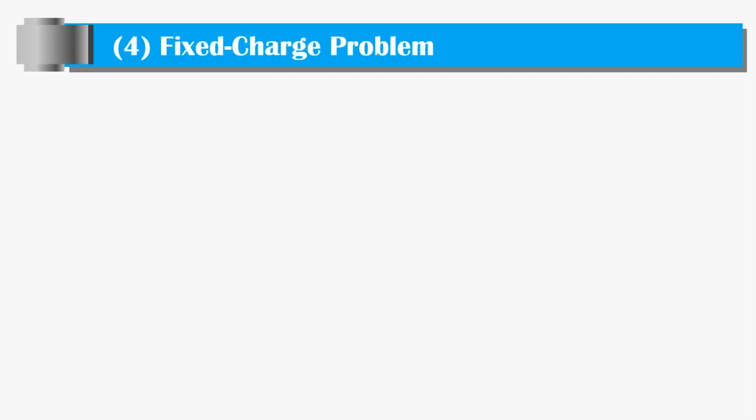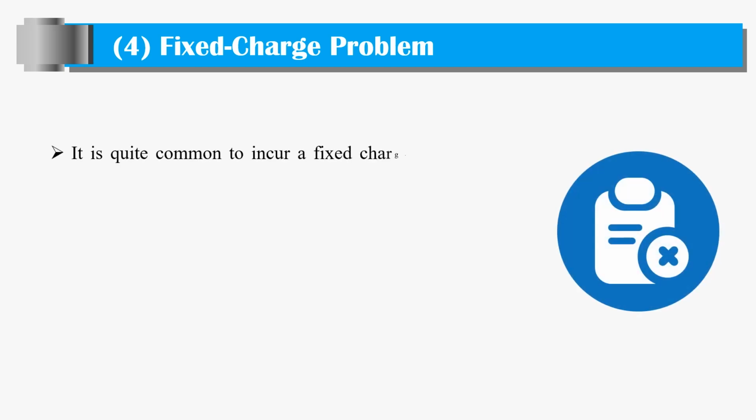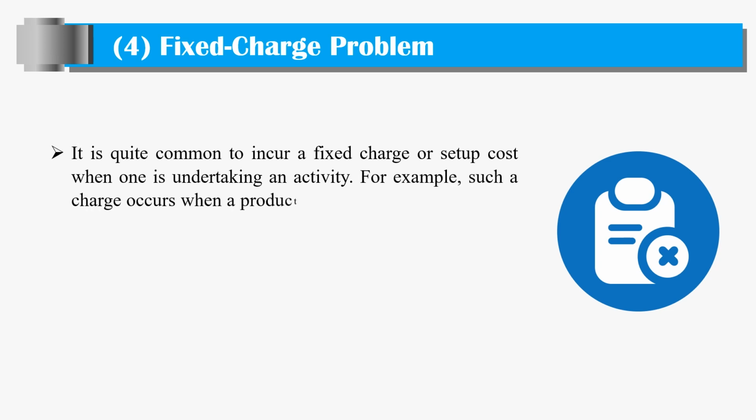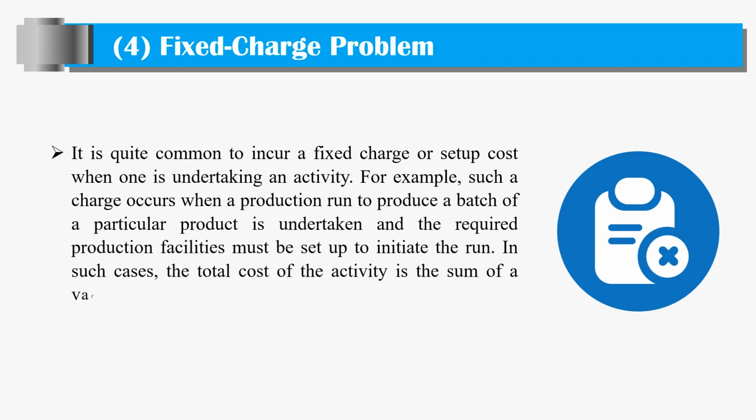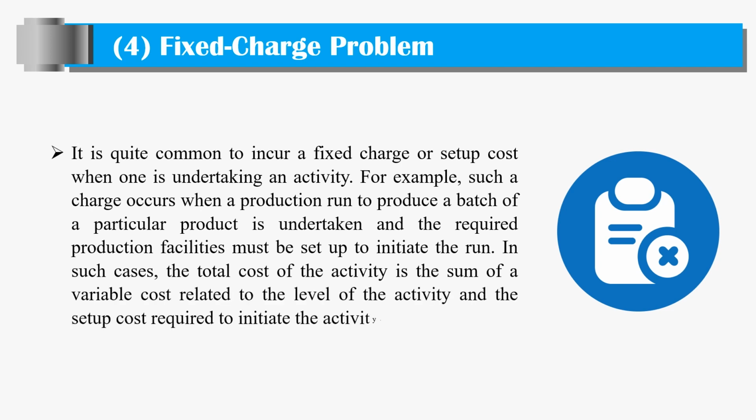The next case is the fixed charge problem. It is quite common to incur a fixed charge or setup cost when one is undertaking an activity. For example, such a charge occurs when a production run to produce a batch of a particular product is undertaken, and the required production facility must be set up to initiate the run.